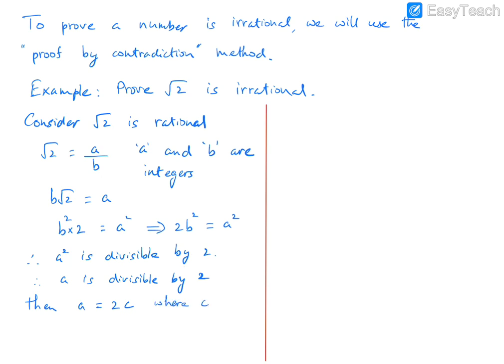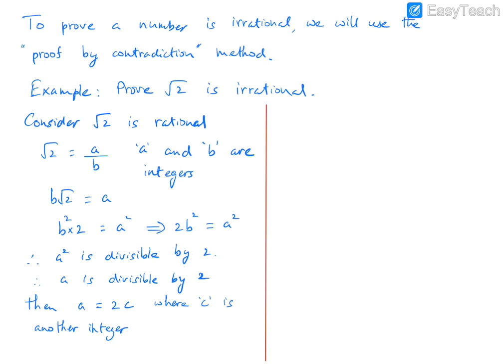So since a square is divisible by 2, that means a is also divisible by 2, and therefore we can represent a as a multiple of 2. So 2 times c is the representation of a.